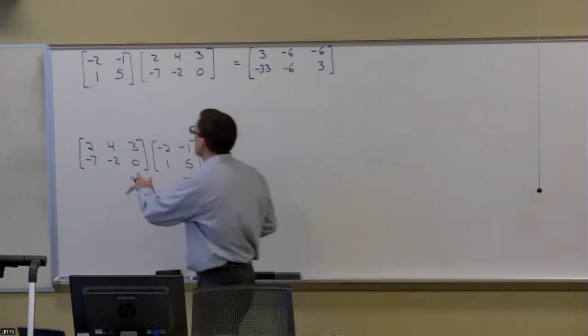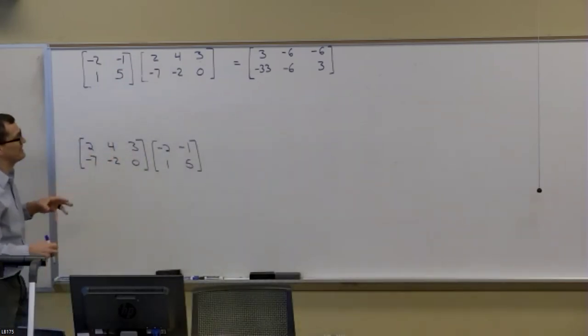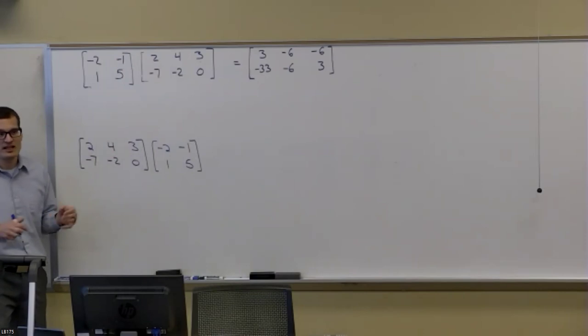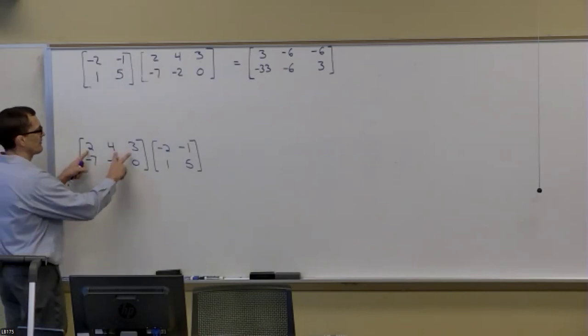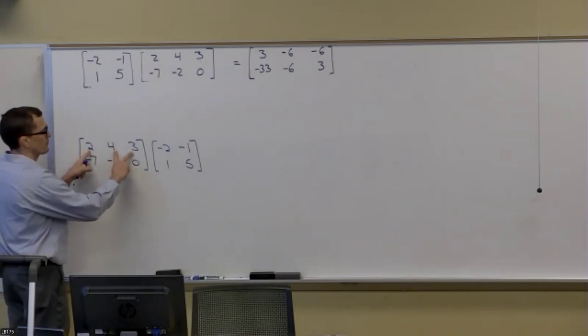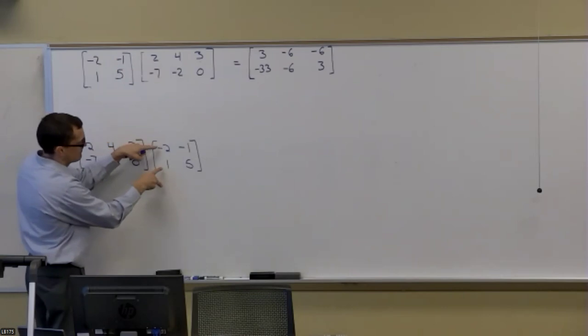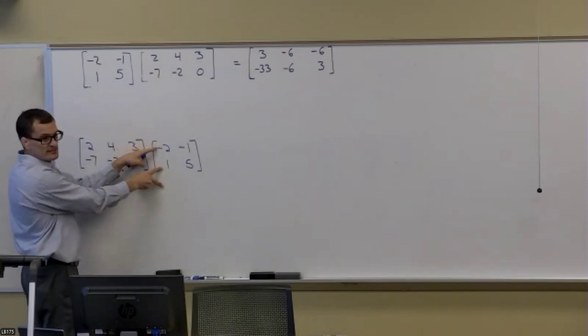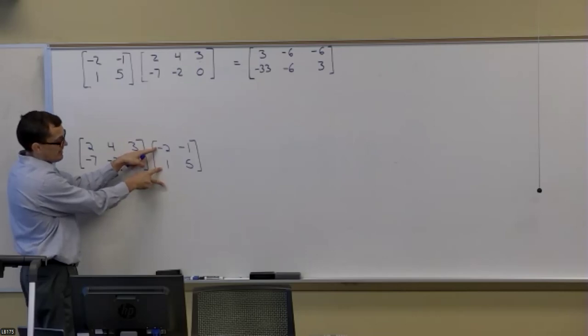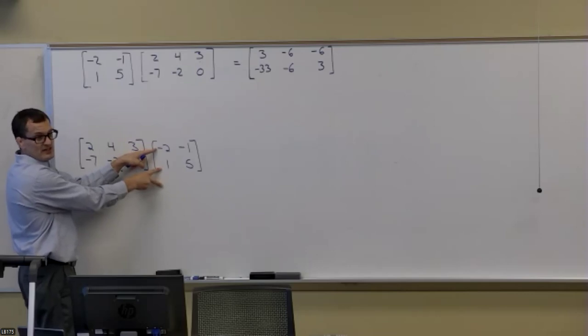Now on multiplying these two matrices in the other direction, if I try to take the 3 entries in a row in my first matrix and multiply times only 2 entries in a column of my second matrix, I'm missing an entry.